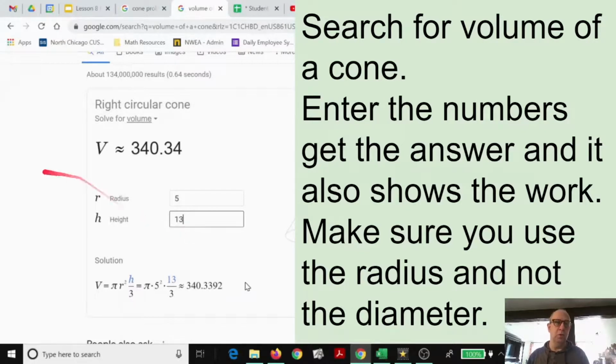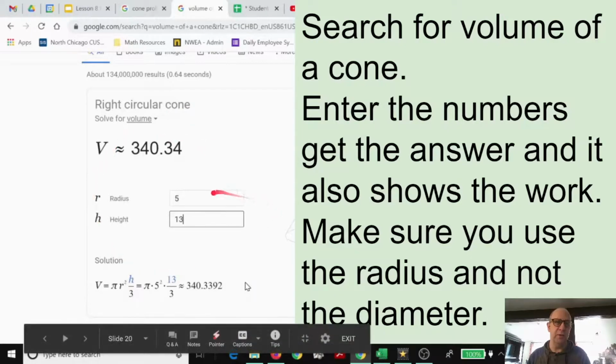Okay, there's a calculator out there. You just Google cone calculator and you'll get this thing here. It'll have a little picture of a cone, and you put in the 5 and you put in the 13, and it shows you the work down here. See that H is a 13. When you put in the 5, the R changes to 5, and then it gives you the answer, 340.34 meters cubed.